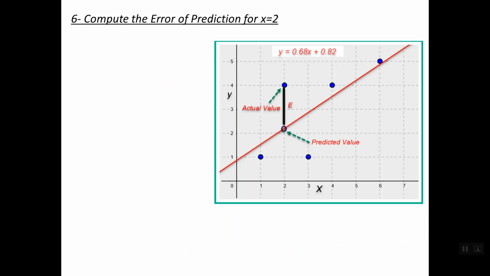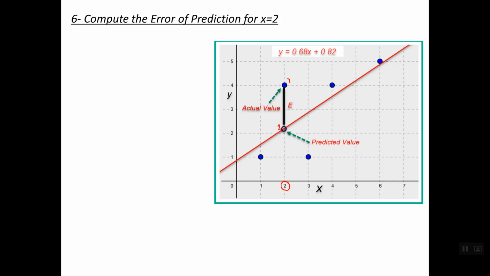Now we are asked to compute the value of the error of prediction for x equal to 2. As I have said, for x equal to 2, we have two values of y. The first one is the actual one, which is y equal 4, and the second one is the value of the predicted y on the regression line.